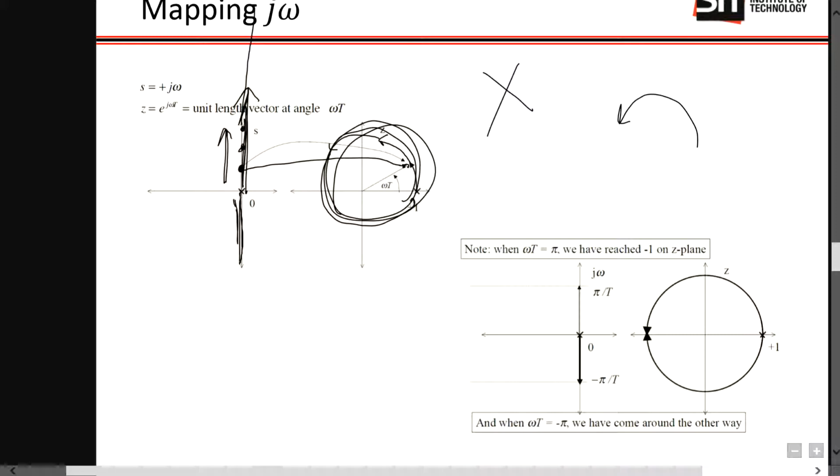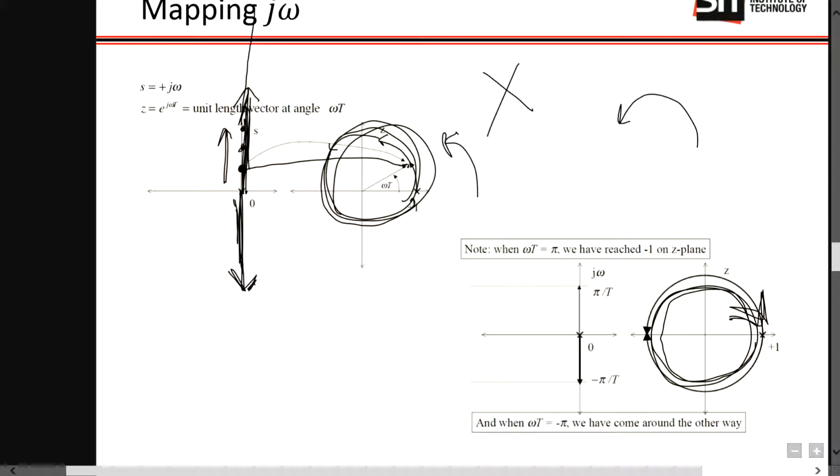Now if we were to go downwards in the imaginary axis, I highly believe that the rotation will go in this direction, clockwise. So for this system, you'll go anti-clockwise. I'll leave you to think about it in the future.